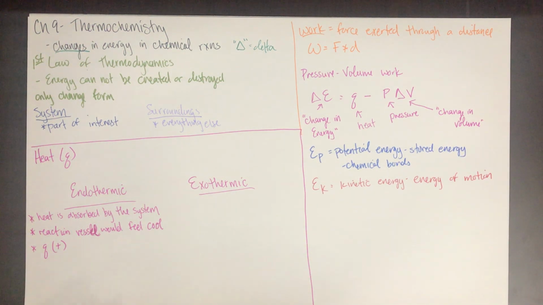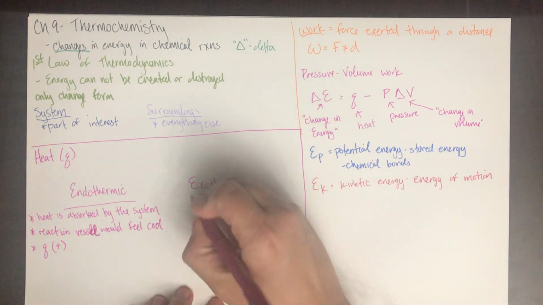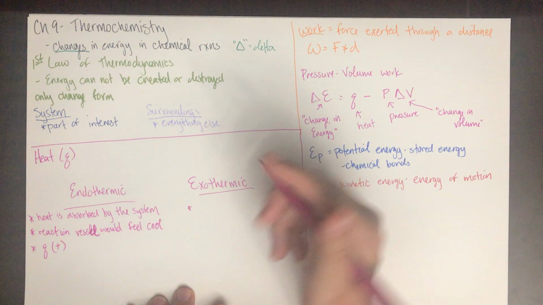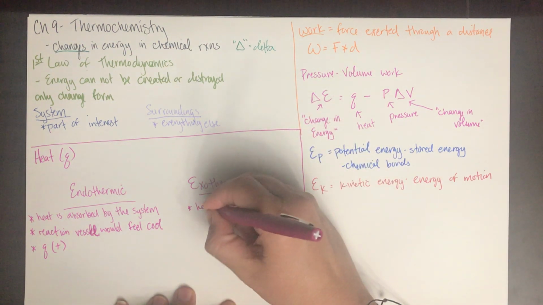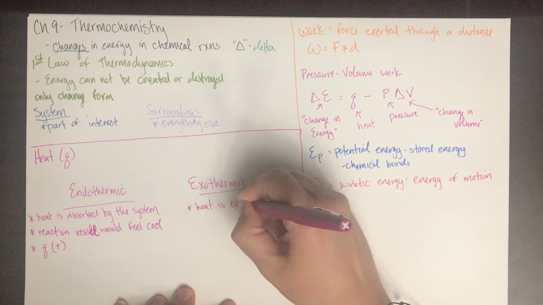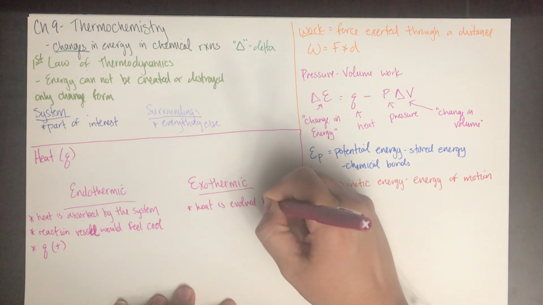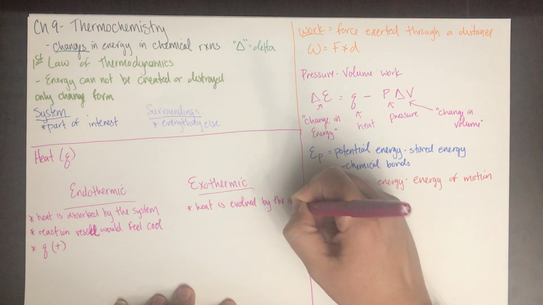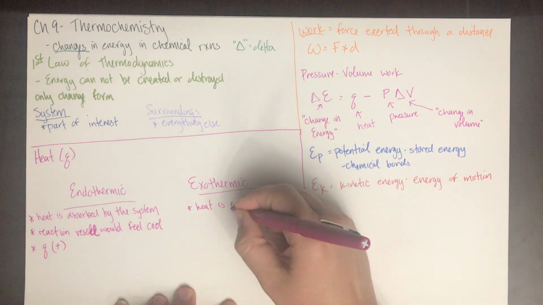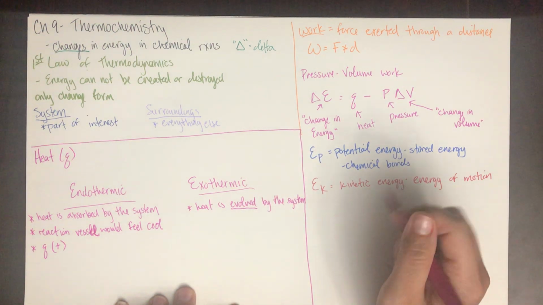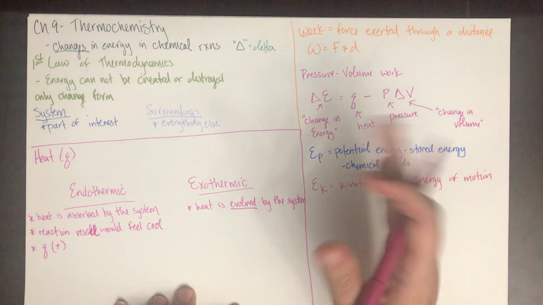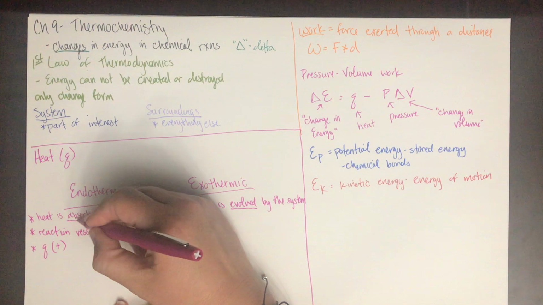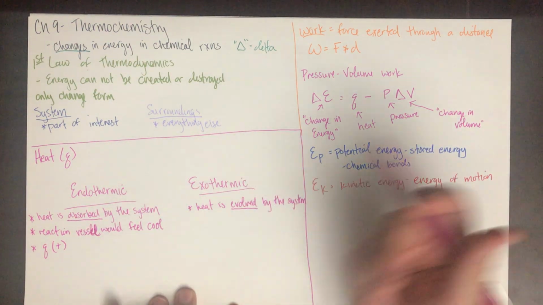So the opposite is true for an exothermic reaction. In an exothermic reaction, heat is evolved. Evolved is just a chemistry word that means given up, given off. Heat is given off. Absorbed means the same thing. It's taken in.